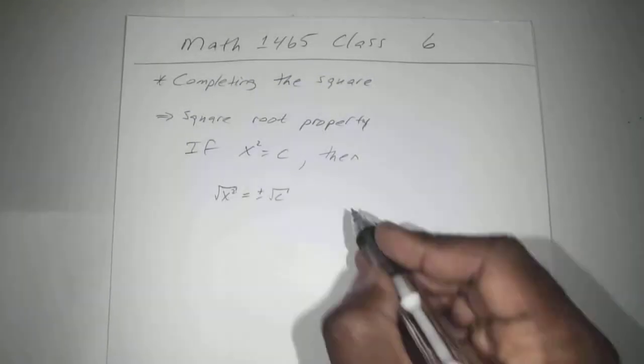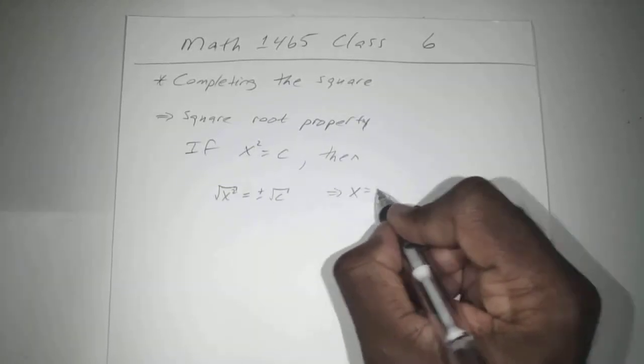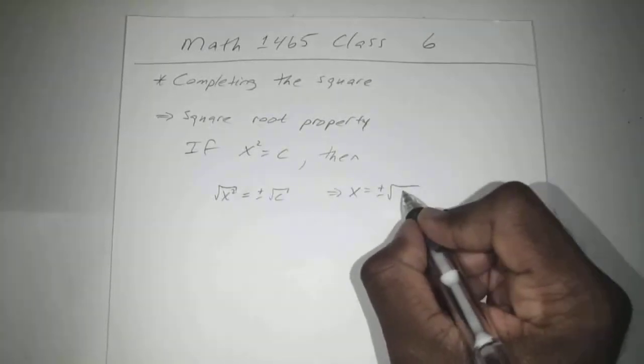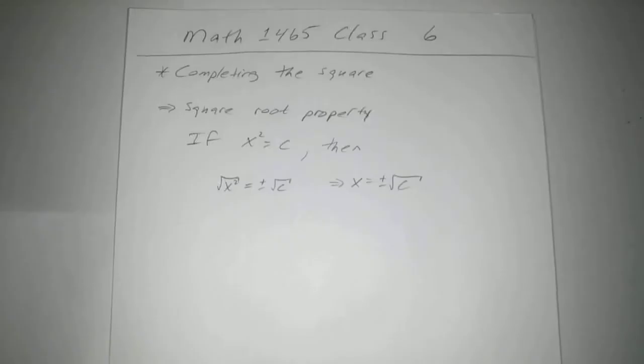And since the square and the square root cancel out, that means x just equals positive or negative square root of c.